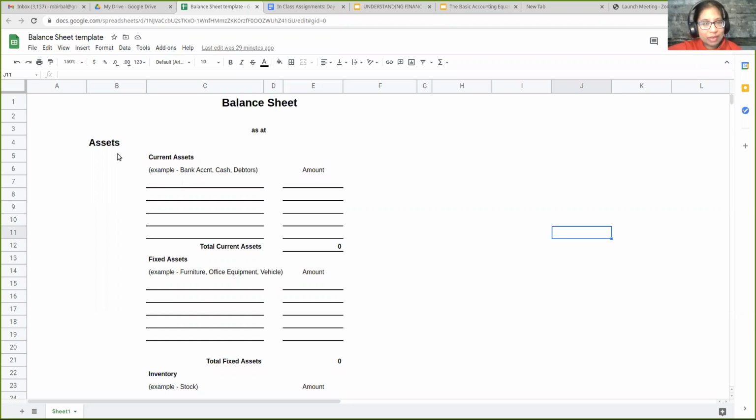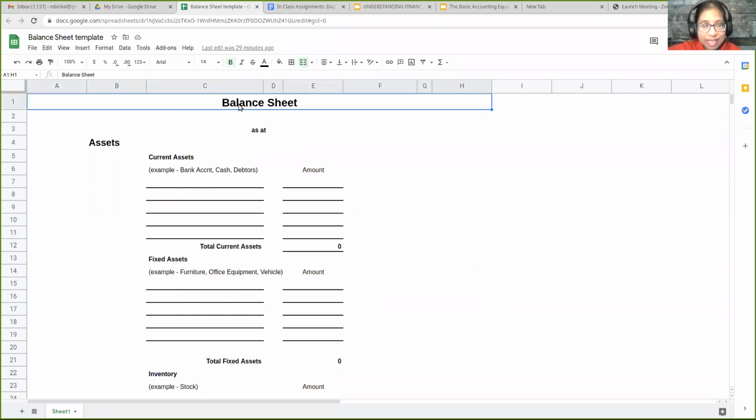It's broken down into the heading, which says balance sheet. And over here, we would have the name of the company that the question would give to us. So if the name of the business is Maria's Bakery, then we would put the name of the business on this line.